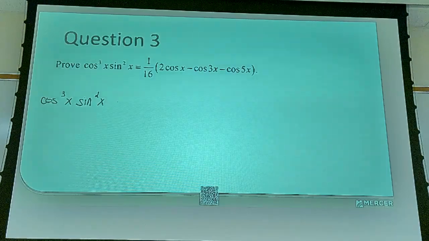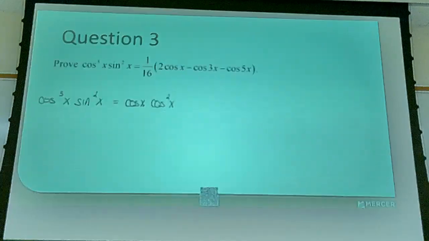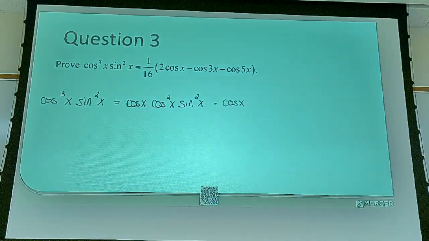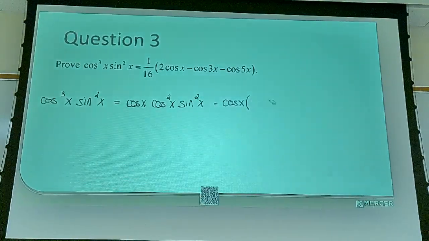Let's start by writing cosine cubed as cosine times cosine squared. We can switch the order, right?